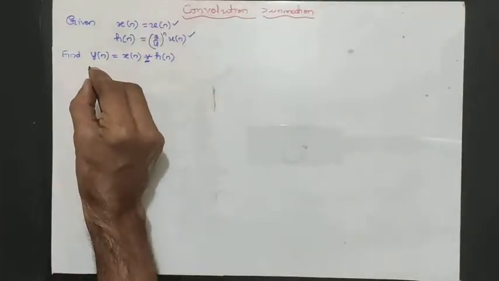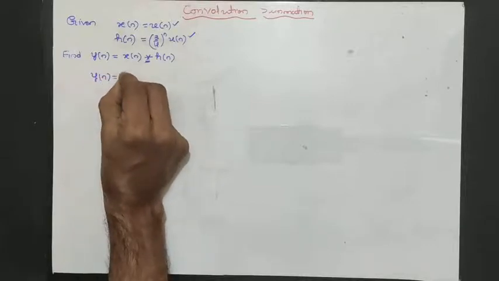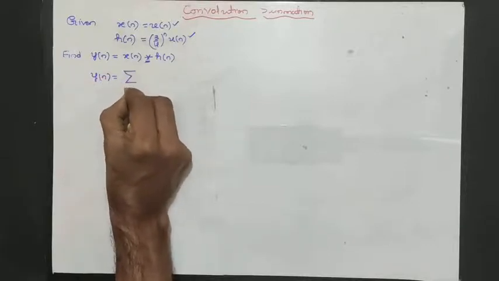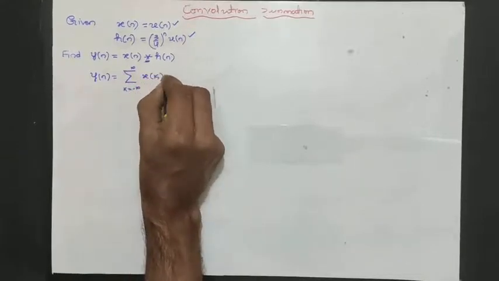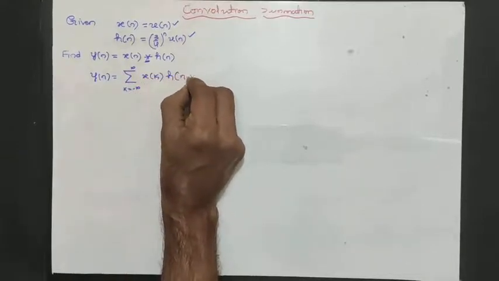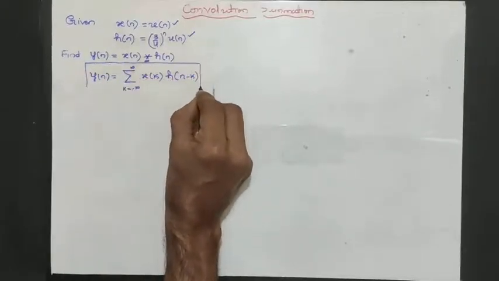You know that y of n is equal to summation k equals minus infinity to infinity x of k h of n minus k. This is the convolution formula, a very important formula.